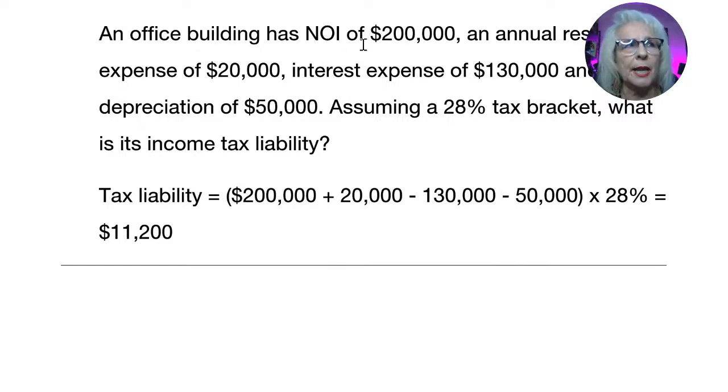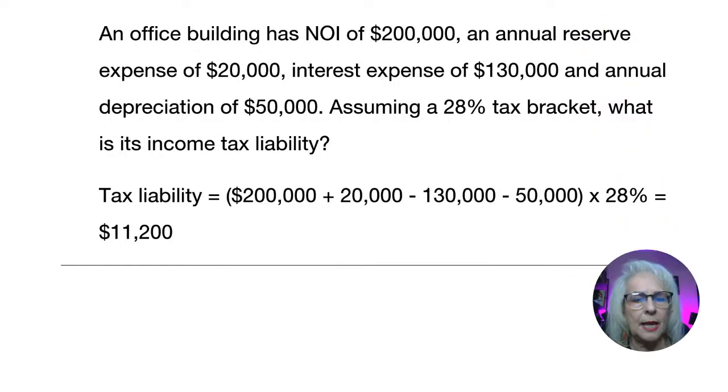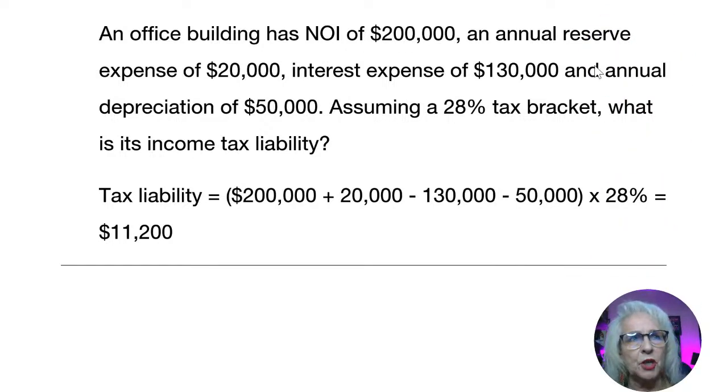Example: an office building has net operating income of 200,000, an annual reserve expense of 20,000, interest expense of 130,000, and annual depreciation of 50,000. Okay, this is annual.